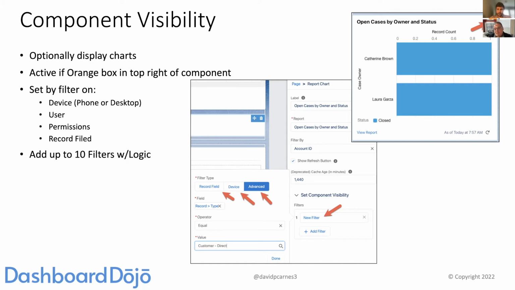And this allows us potentially to have fewer page layouts. So instead of having a home page for the sales team, for the marketing team, for the service team, for the exec team, instead of having 4 different homepage layouts, we might be able to get away with 2 and use component visibility and just stack things, and they just will be invisible. They won't even be there if a user who doesn't have visibility loads that page.